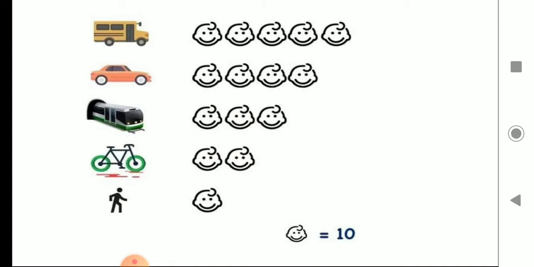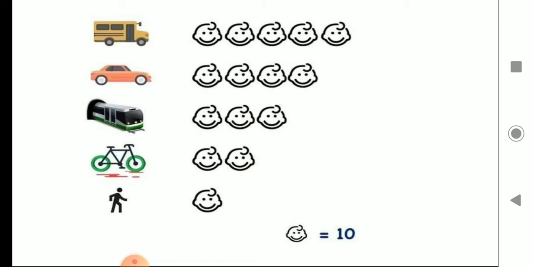Here students come to school, some by school bus, some by car, by train, by cycle, as well as walking. How many students are coming by school bus?